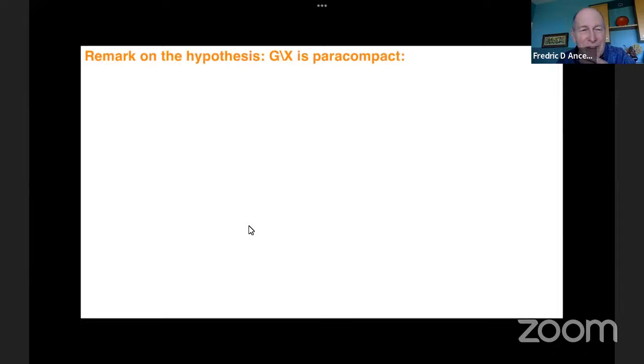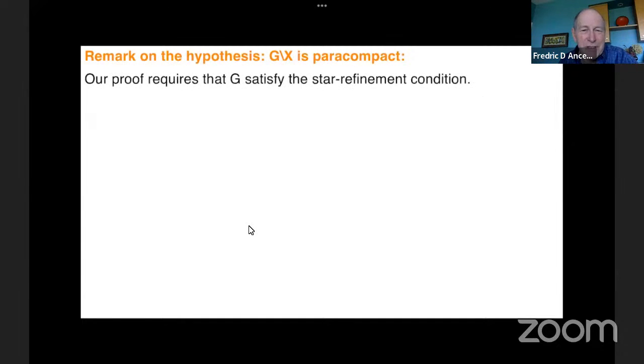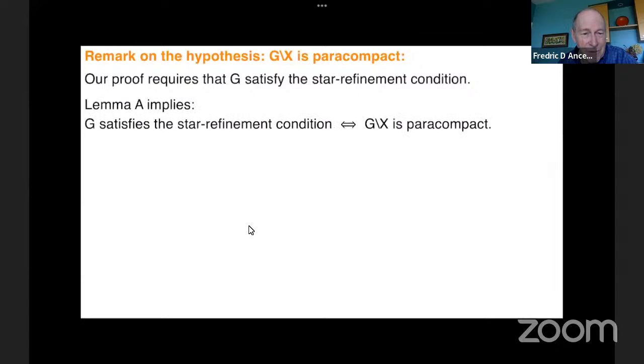And I think that would be interesting. But the other issue here is this condition that the orbit space be paracompact, which I need. And in fact, it's equivalent to this star refinement condition.